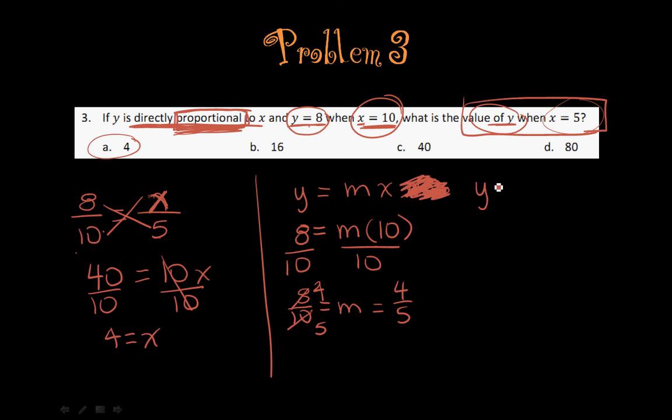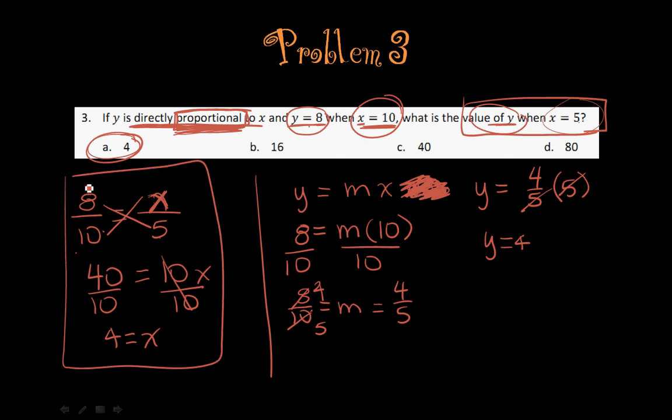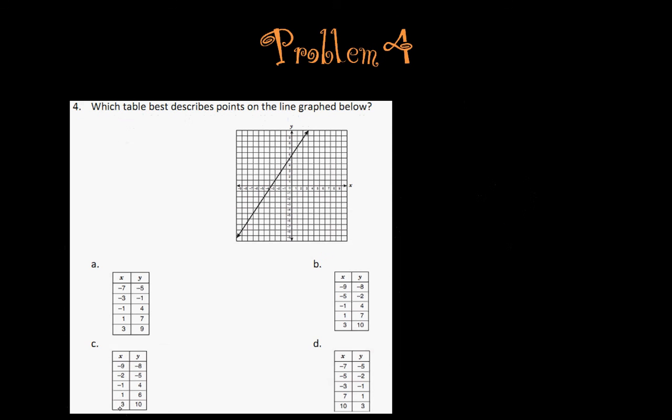We're looking for y. Our slope we just calculated, that's 4/5, and we're plugging in a 5 for x. These are going to cancel out, and you end up with y equals 4, which is the same answer. Personally, I think that this first method is significantly easier, but if you're trying to use equations of lines, then the second method would definitely be more in line with that.